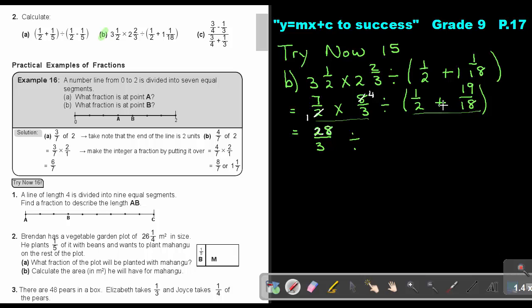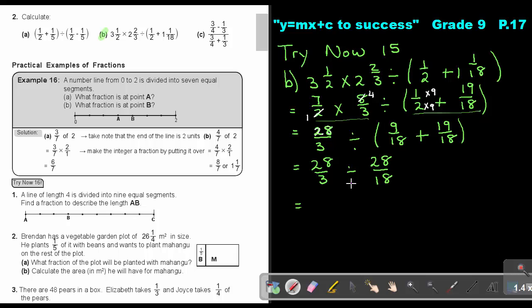Now remember, it's addition. So we must make the denominators the same. So times 9, so that the denominators will be 18. Okay, so this will be 9 over 18 plus 19 over 18. So it's 28 over 3 divide. Now 9 plus 19, it will be 28 over 18.